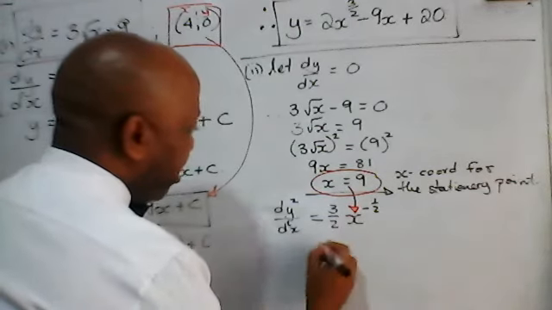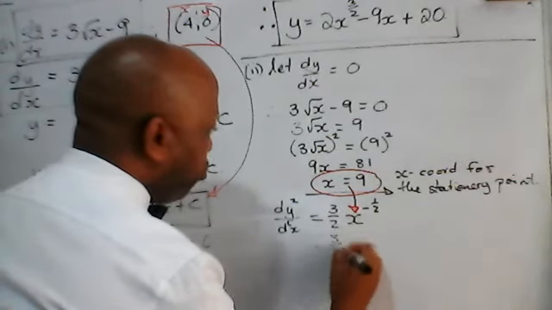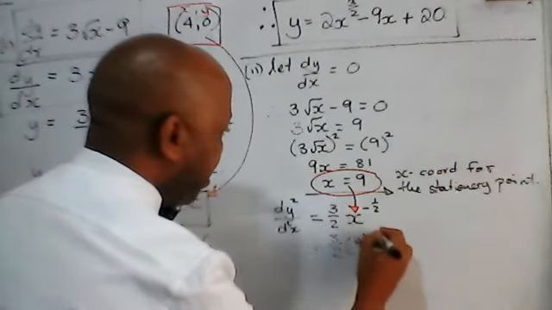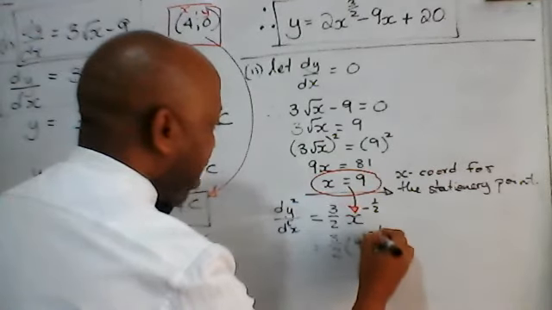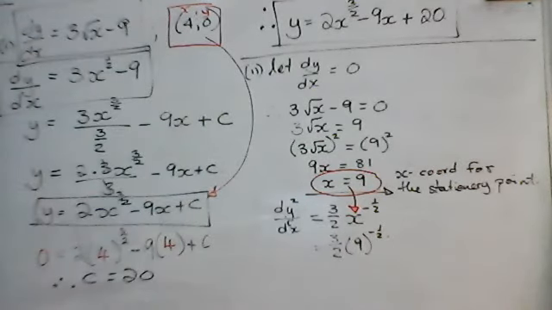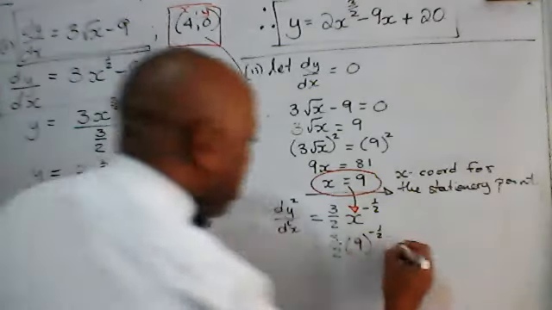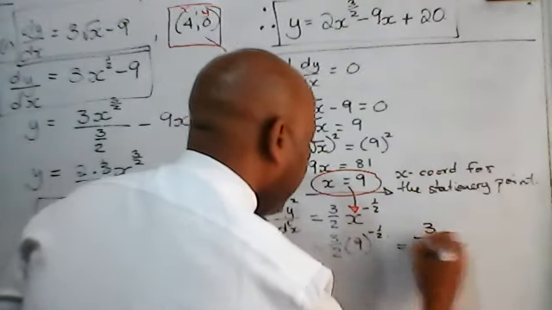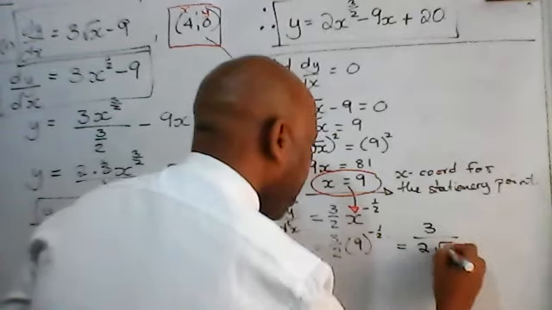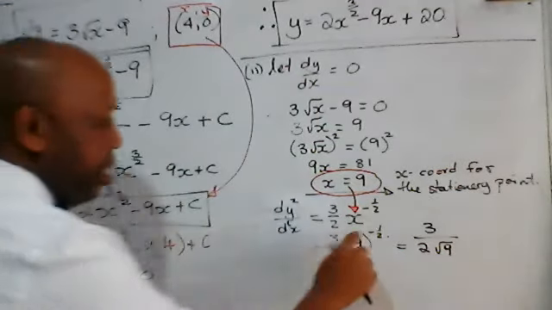Substituting in, this is equal to 3 over 2 times 9 to the power negative 1 over 2. It's up to you how you want to do this. You can change this to be 3 divided by 2 root 9. That's the same thing.